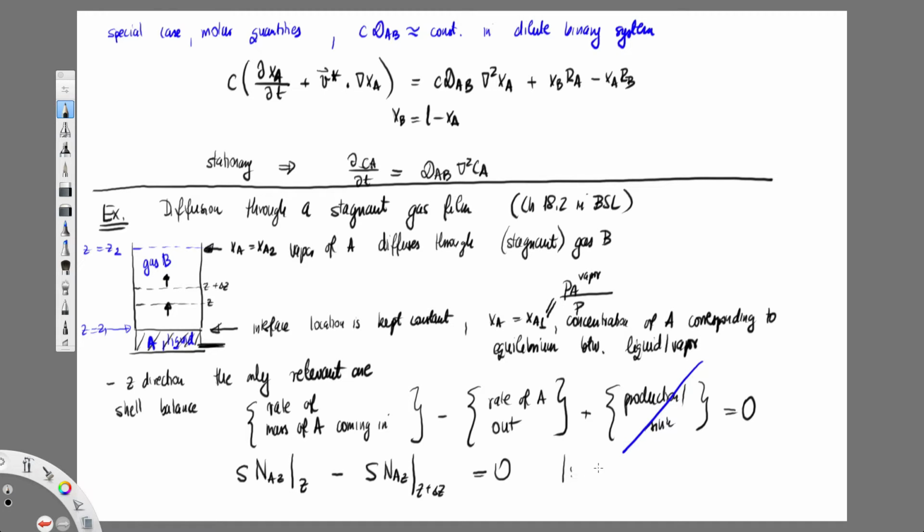I can, of course, divide by S delta z, which is the volume of my shell. And when I do that, I'm going to get minus NAz evaluated at z plus delta z is equal to 0.